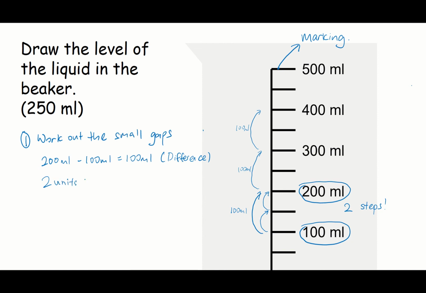Two units equals 100 ml. This is not so easy to use, huh? So 1 unit or 1 gap equals 100 divided by 2, that is 50 ml.